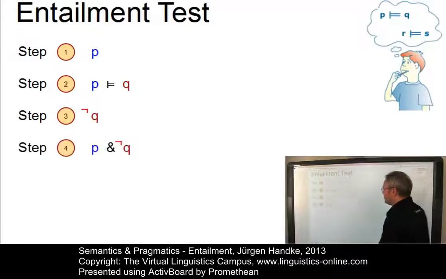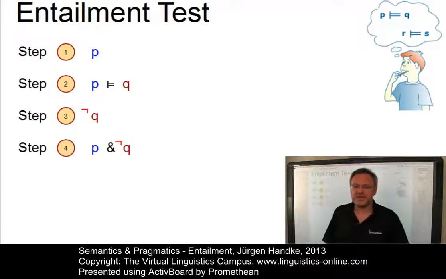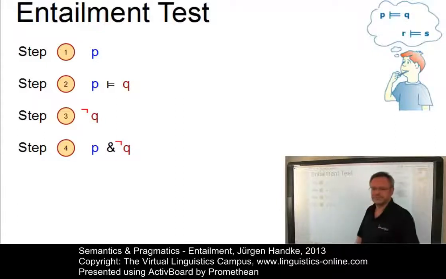Step 4, conjoin P and not Q using logical AND. Or you can also use any natural language equivalent such as but. This sometimes makes the contrast more obvious. Well, and then look at the result.